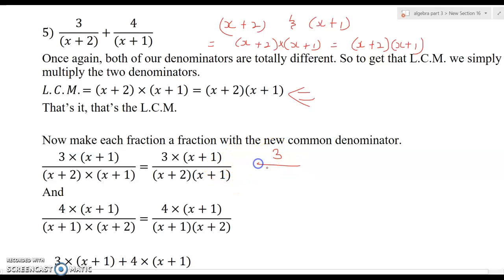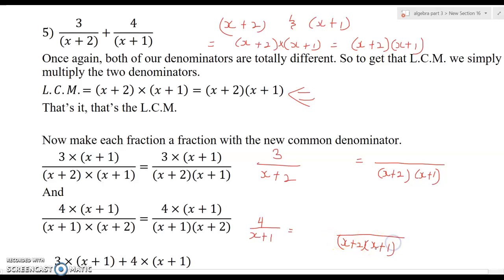So let's go again. 3 over x plus 2, and we want to get it over that new denominator of x plus 2, x plus 1. And then down here, same thing we want to do for the 4 over x plus 1, because we need the new denominator as well for that fraction.